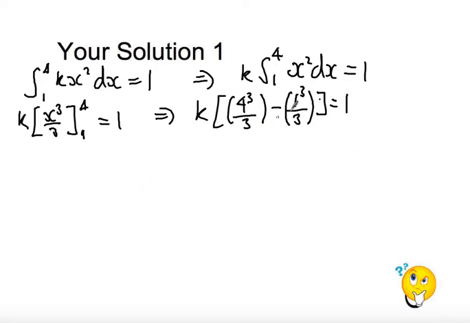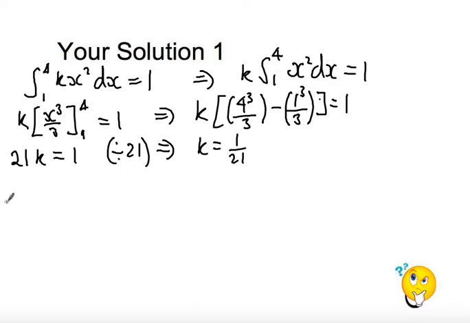So we get 64 over 3 minus 1 over 3, which is 63 over 3, which is 21. So we get 21k equals 1. Finally, just finish off, divide by 21, and we get that k is equal to 1 over 21.